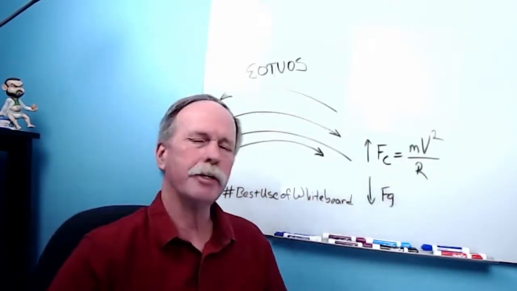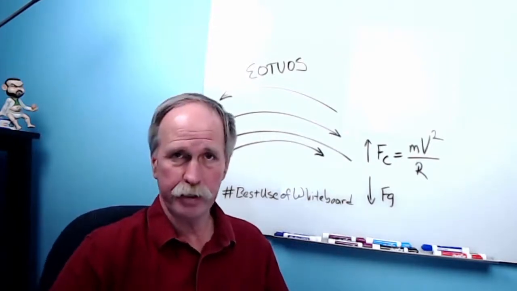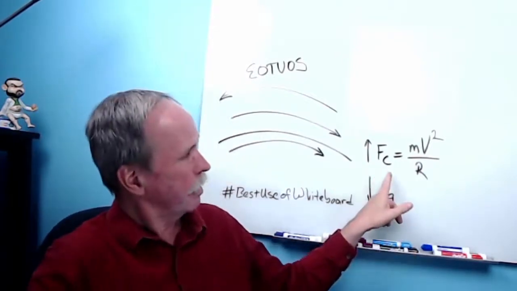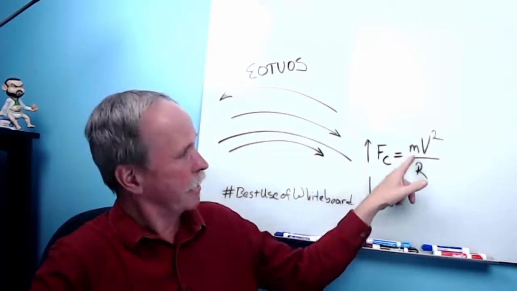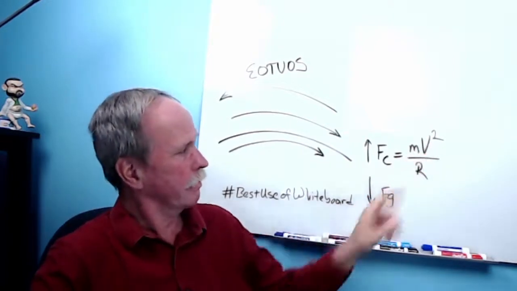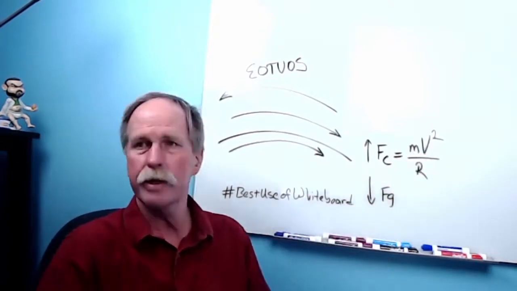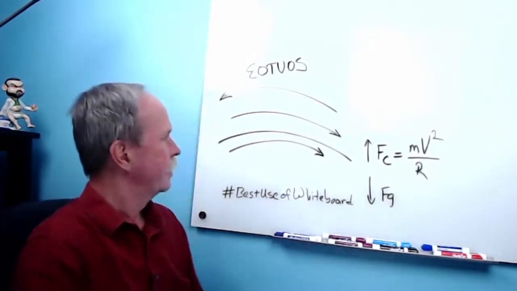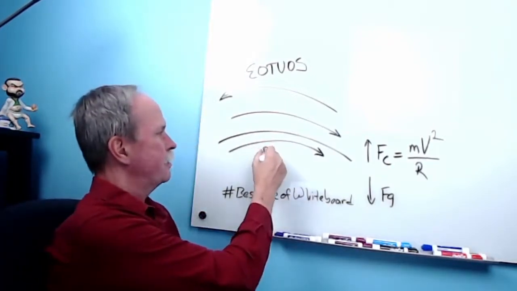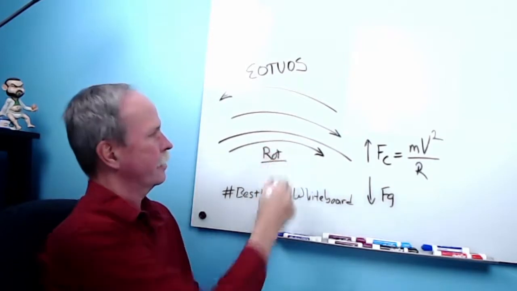Now, just for good measure, let's mention something called the Eötvös Effect. Now, as you recall, centrifugal force is the mass times the velocity squared over the radius for objects going around a circle. Now, we have a rotational speed of the Earth.